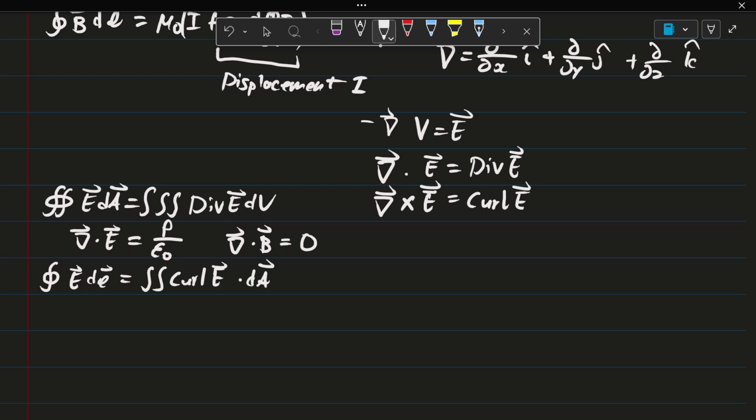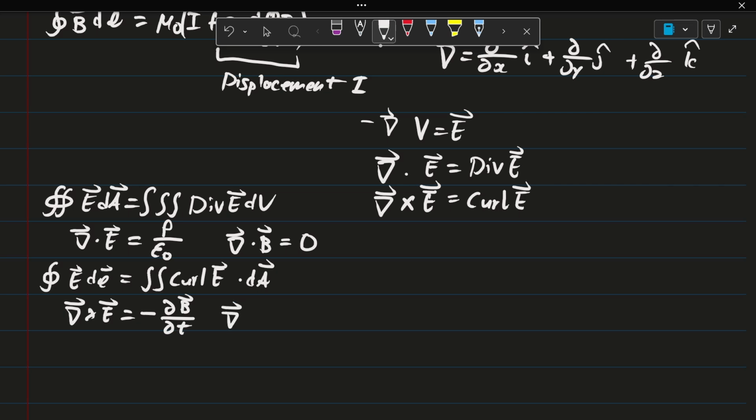So it becomes a surface integral. And so with the surface integral, you could just cross out the fluxes to obtain the following. The curl of the E vector will turn out to be the negative partial B vector over partial t.